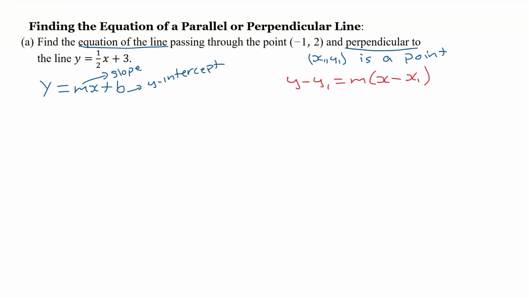Since they are perpendicular, that means negative reciprocal. Right? So two lines are perpendicular if their slopes are the negative reciprocal.